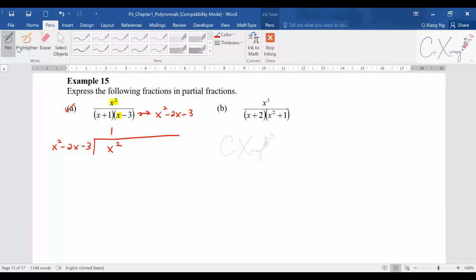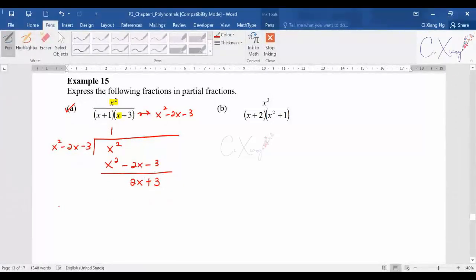Okay, so if you continue with the long division, you have x squared minus 2x minus 3. So 0 minus 2x, 0 minus negative 2x, you get 2x. 0 minus negative 3, you get positive 3. So this is the quotient, and this is the remainder, right?